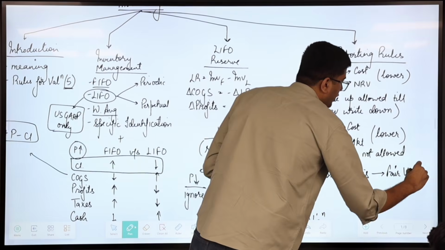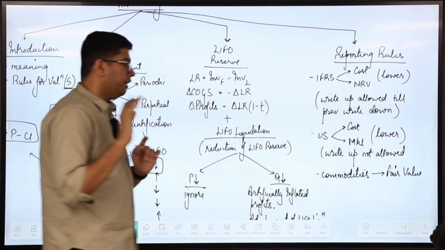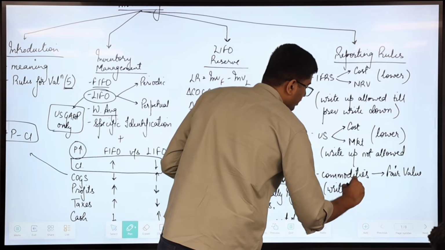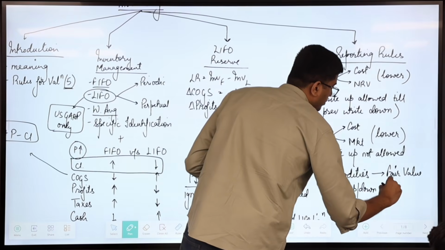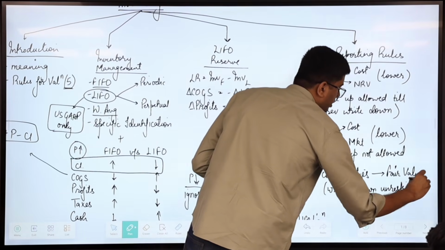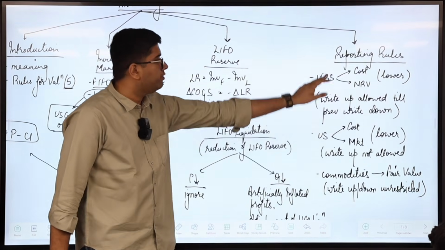And what does fair value mean? It means market value as observed on the stock market. Here, write up and write down are unrestricted. So there are no restrictions on how much write up and write down a company can do. So commodity is an exception to these two rules.